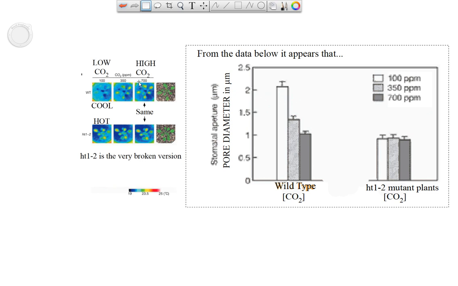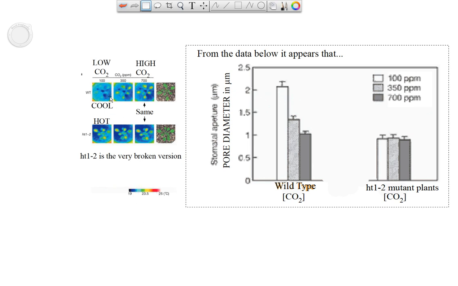So here the CO2 level is high and the leaves are relatively warm, exposed to the same temperature. The only variable here is how much carbon dioxide was in the environment while we grew these plants. So here you see that they're warm because they're yellowish reddish. Here they're cool because they're blue.